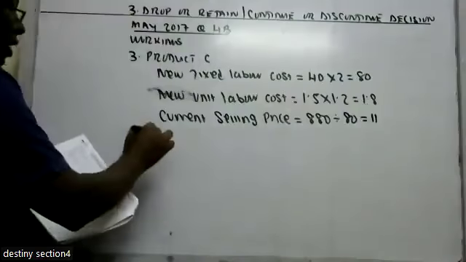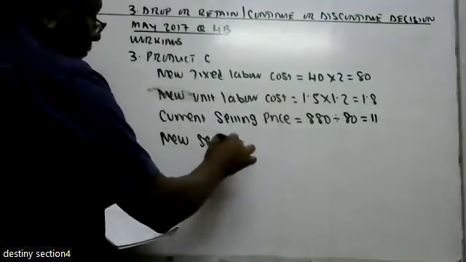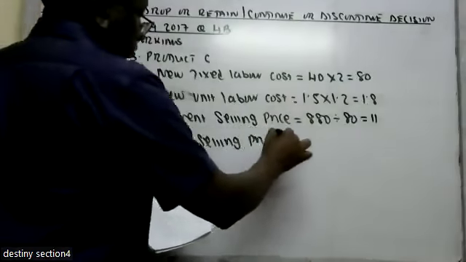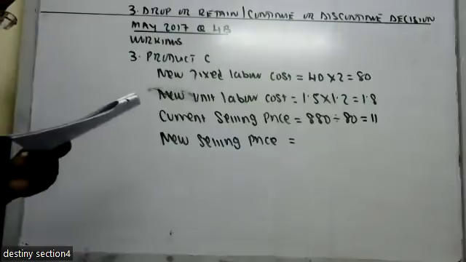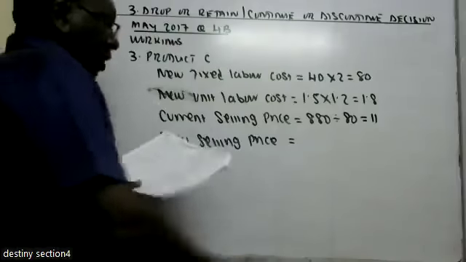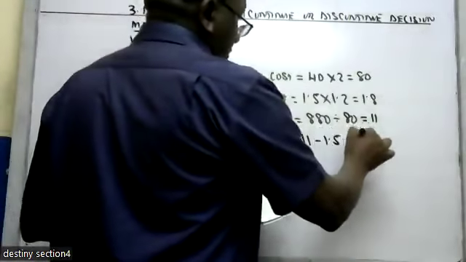So the new selling price, tunaambiwa it will have to come down by 1.5. So it will be 11 minus 1.5. That must be 9.5.